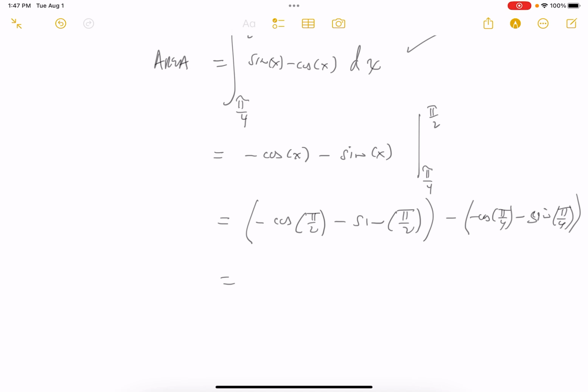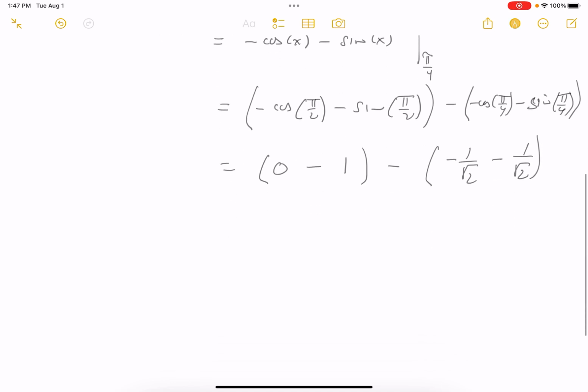Relatively simple numbers to choose. And the cosine of pi over 2 is going to be 0, and minus 0 is just 0. Minus, the sine of pi over 2 is 1, so that's minus 1. Minus, well, let's see, the cosine of pi over 4 is going to be 1 over root 2. So this is minus 1 over root 2. And the sine of pi over 4 is also 1 over root 2.